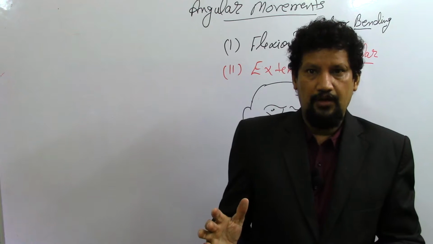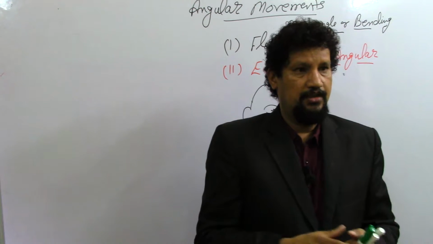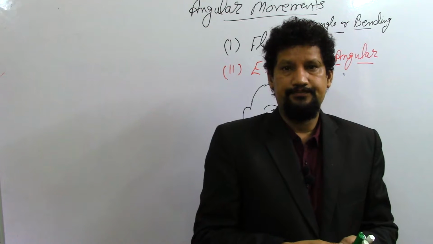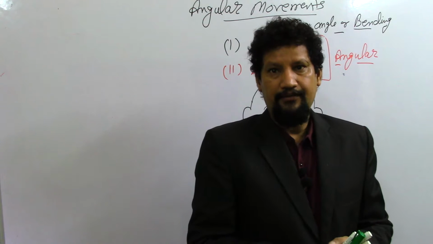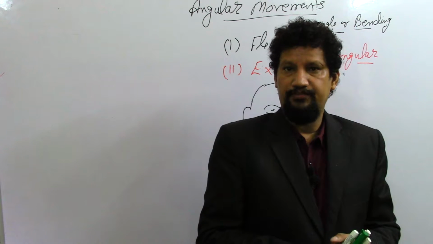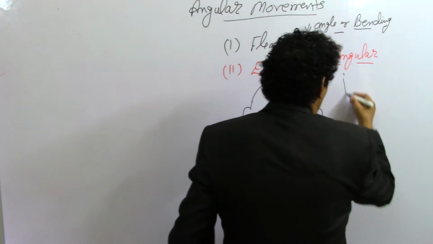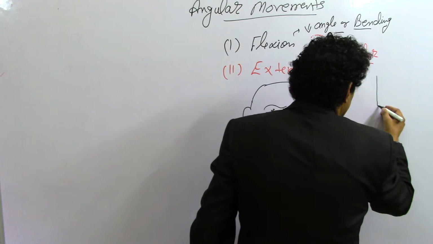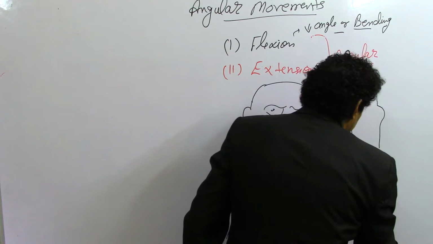In the lower limb, especially the knee, flexion is moving the leg backward. When we move the leg backward, this is the flexion of the knee. This is the knee, and here is the foot.